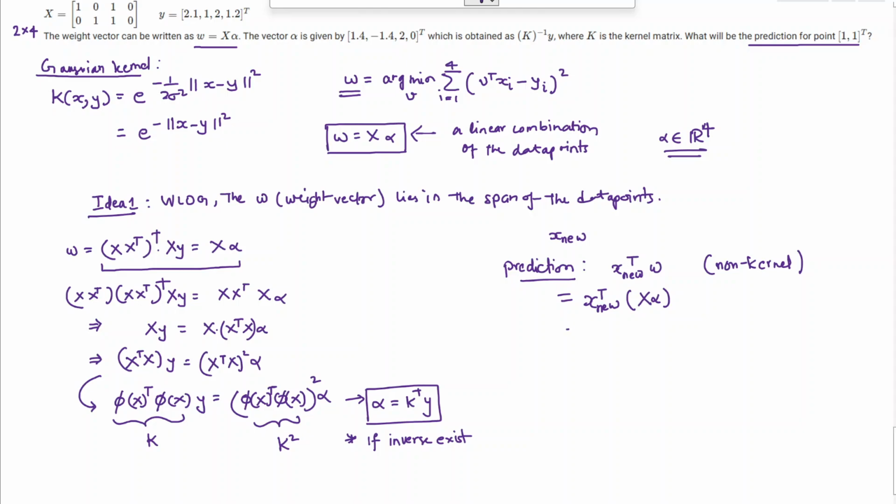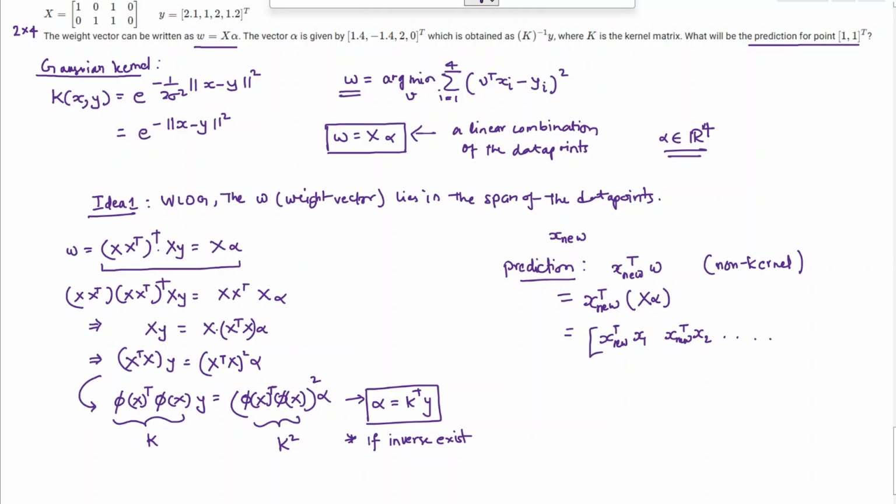So this is equal to x new transpose x1, then x new transpose x2 and so on.